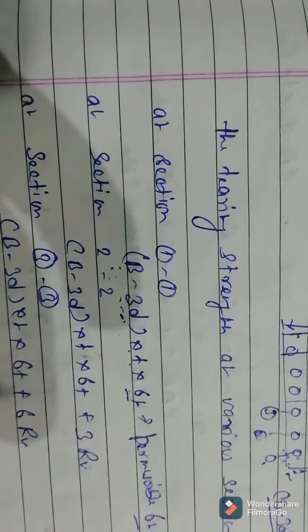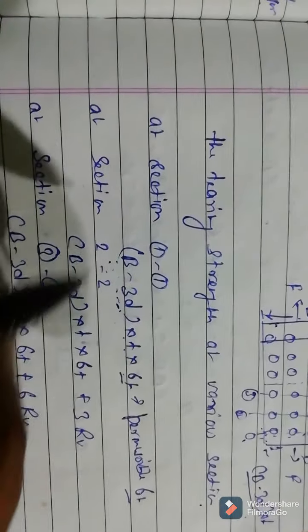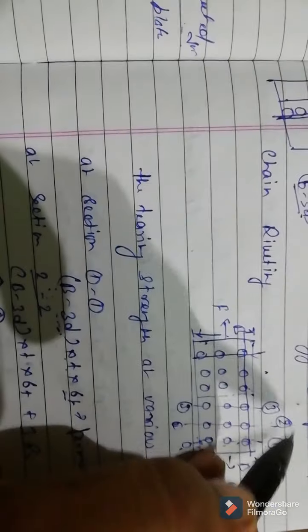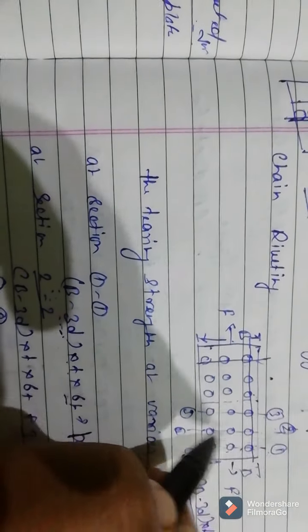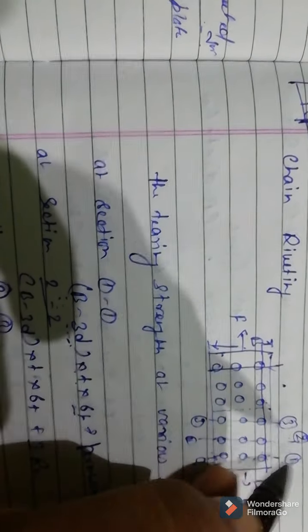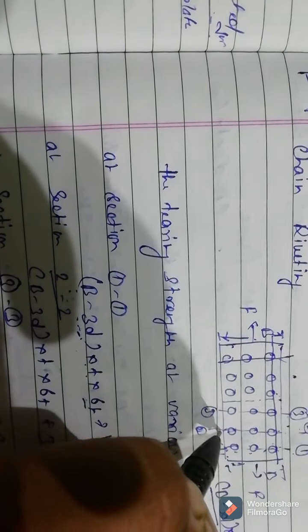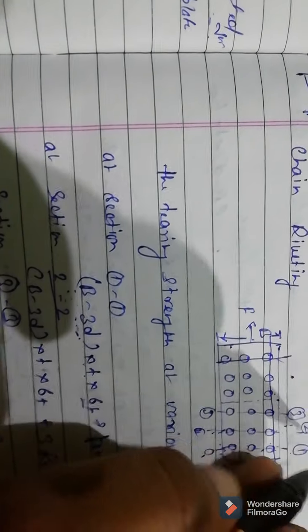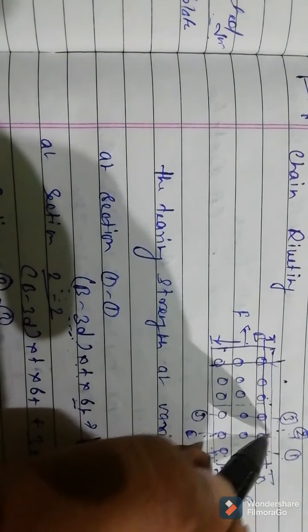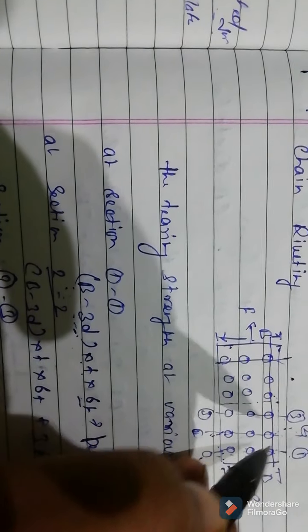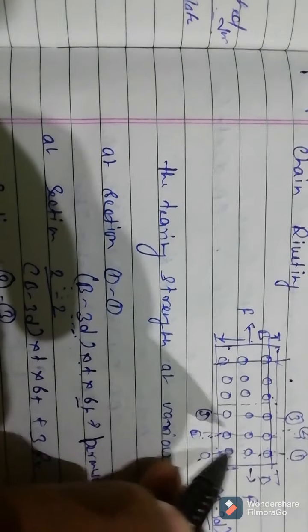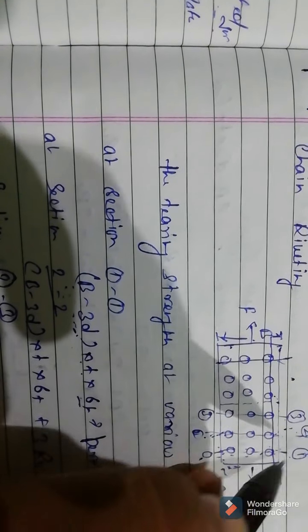Now for the second section, to calculate the tearing strength here again we find the net section multiplied by T multiplied by sigma T, plus the rivet value.